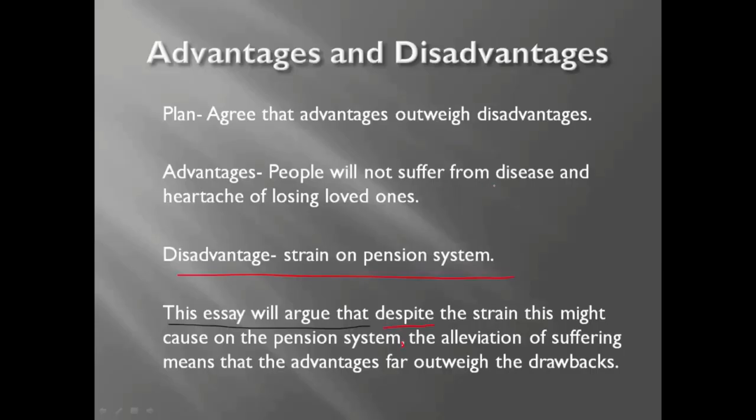So people will not suffer and you won't lose your loved ones, so that means suffering, means that the advantages far outweigh the drawbacks. And I am very, very explicit with this because this tells the examiner that I know exactly how to answer this question.